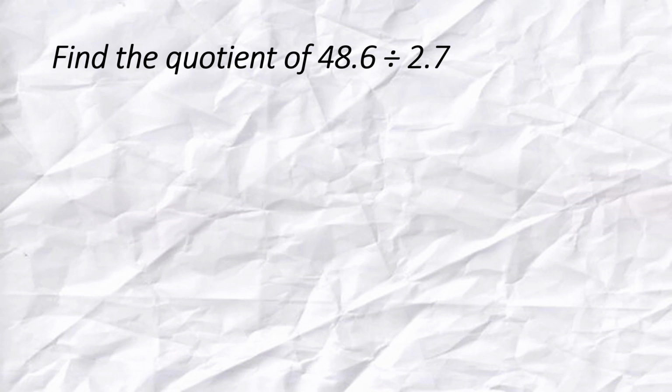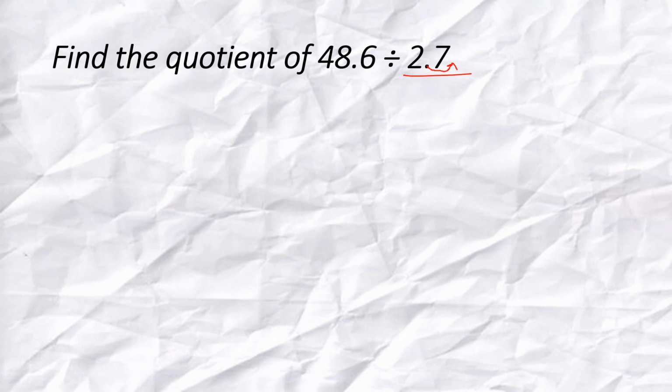Next, let us find the quotient of 48.6 divided by 2.7. Again, this time, our divisor has a decimal point. So make sure that we change this divisor first into a whole number. How do we change this? Just move the decimal point to your right until it becomes a whole number.